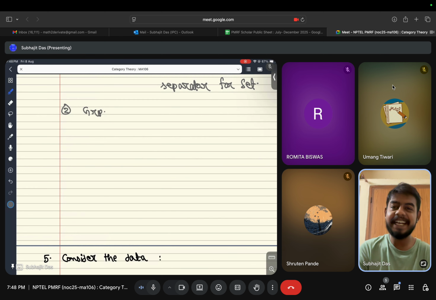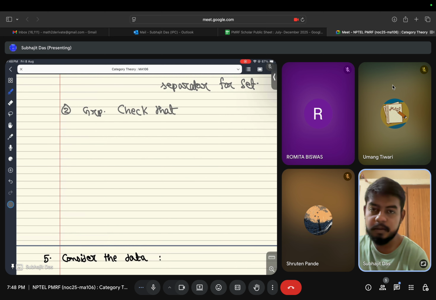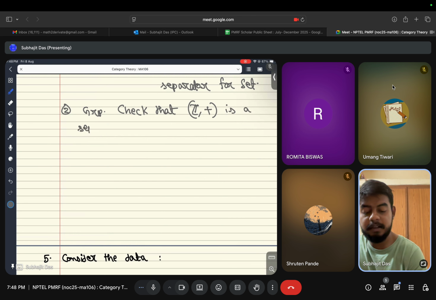What group can detect elements of a particular group? The integers under addition is a separator for Grp. So Grp also has a separator.